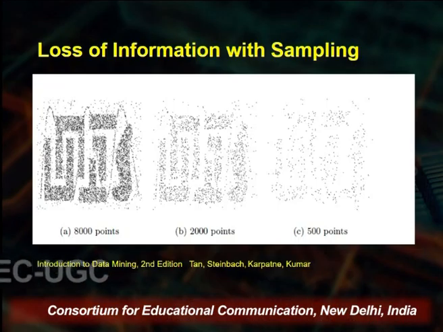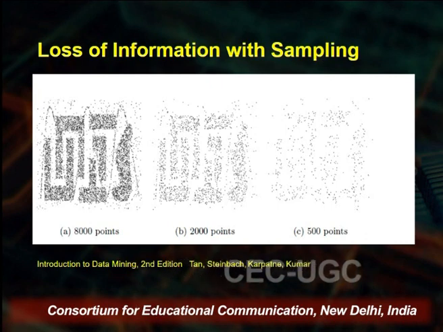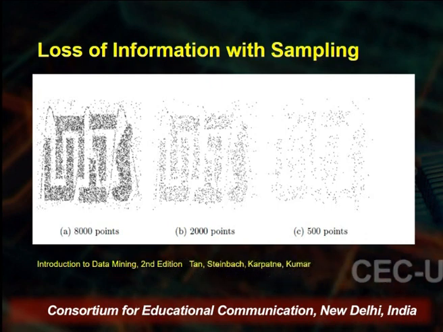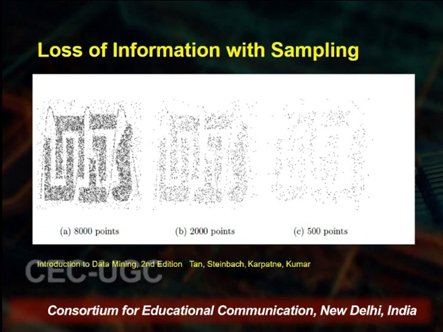Progressive sampling is another type of technique, but before we look at it, we also need to understand how sampling, if it is not done appropriately, can lead to loss of information, right. For example, in this figure we have a data set which has 8,000 points. This is the complete population.